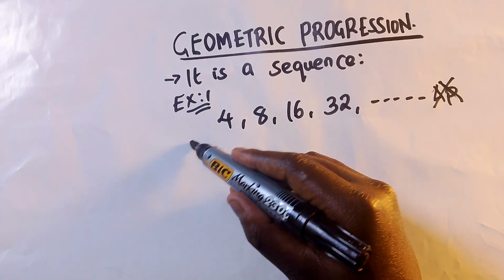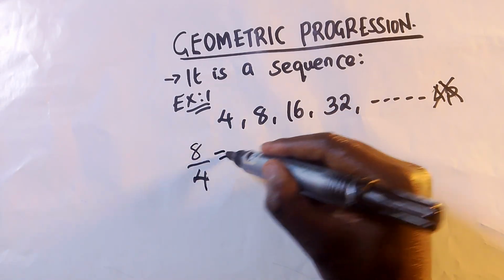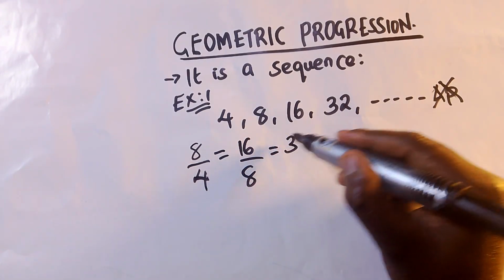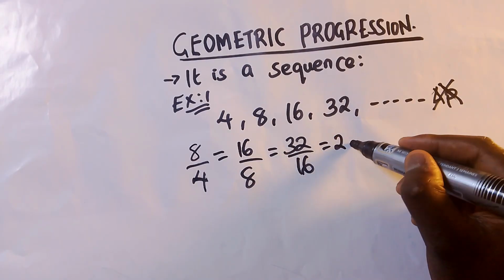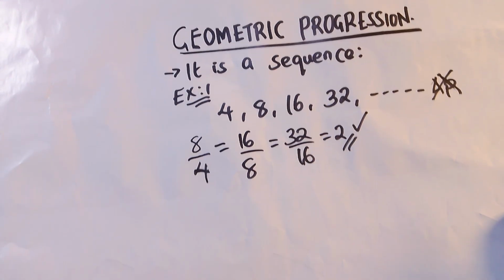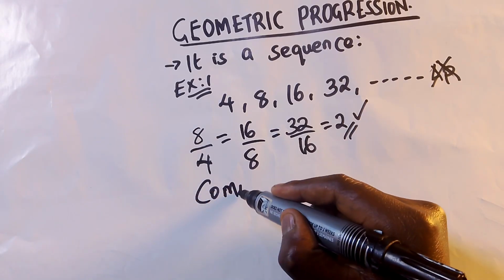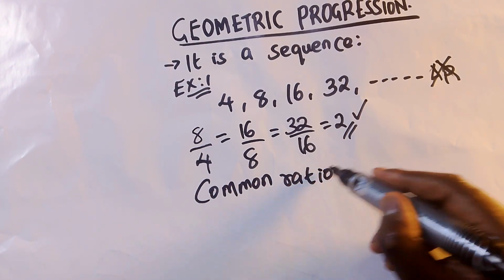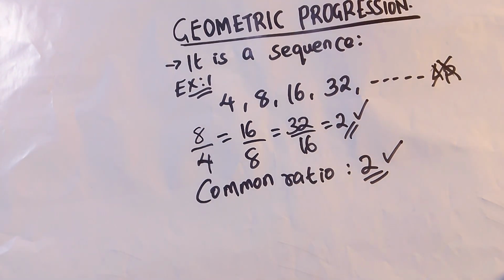So 8 divided by 4 is equal to 16 divided by 8 is equal to 32 divided by 16, which is equal to 2. And this 2 is what we call a common ratio. So in this scenario, our common ratio is equal to 2.